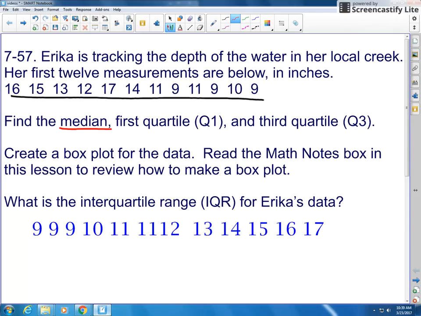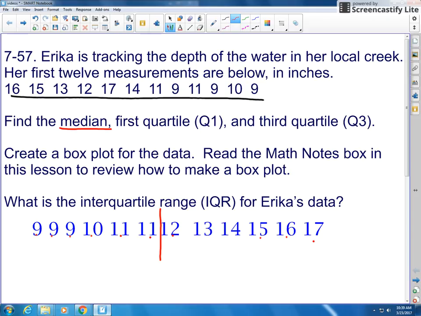But I'm going to actually count how many numbers I have. 1, 2, 3, 4, 5, 6, 7, 8, 9, 10, 11, 12. I have 12 numbers, so I know halfway through 12 is 6. So 1, 2, 3, 4, 5, 6. Again, that would be halfway through my data. To check, I have 6 numbers on the left side of the line and 6 numbers on the right side of the line.